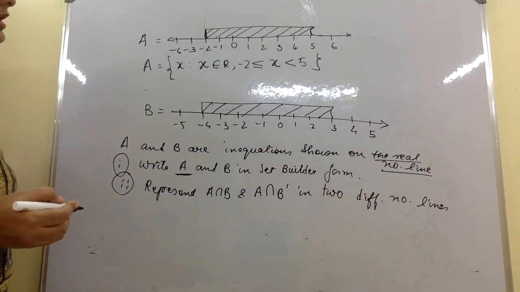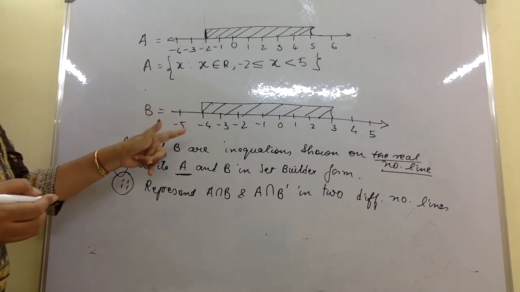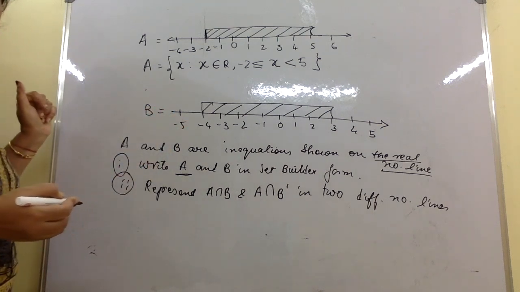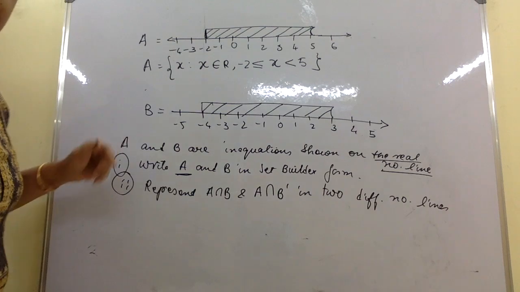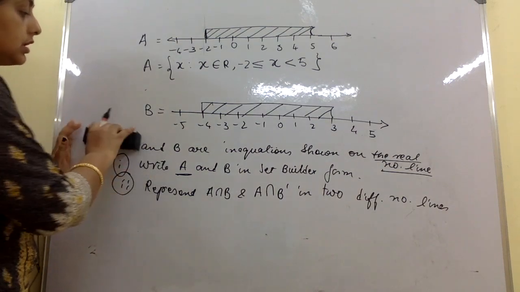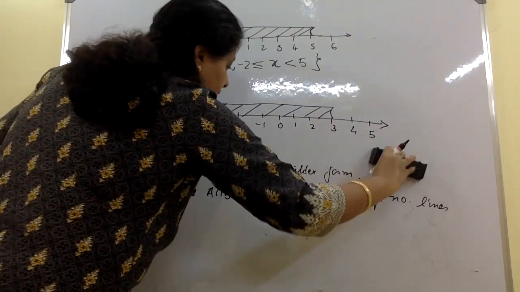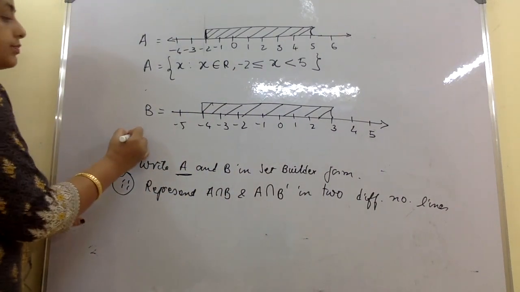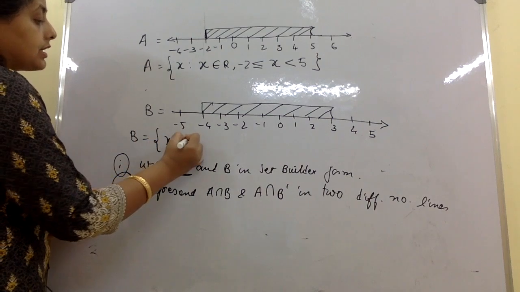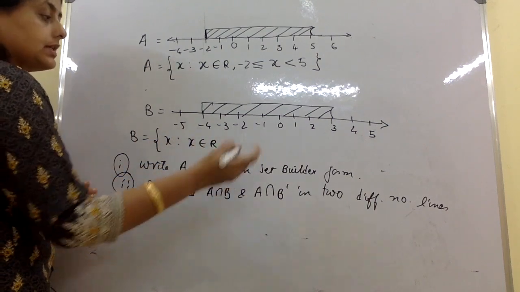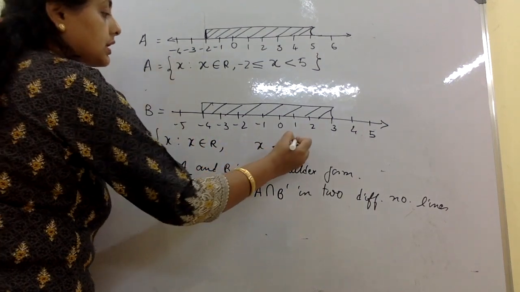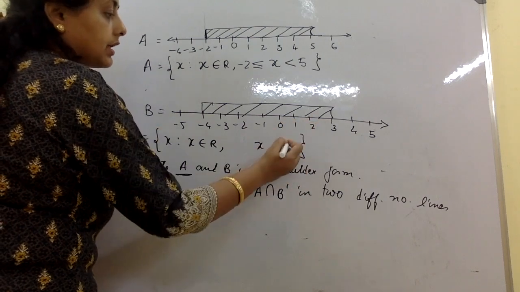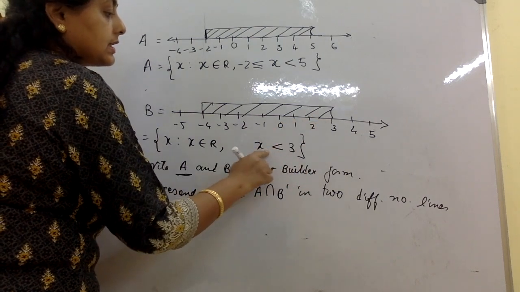Now let us take the set builder form for this one. What is the set builder form for this particular inequation? This is the graphical form and here is B. x is such that x belongs to real numbers and then start with the range. Now see, here it does not take 3, so we will not write x is less than or equal to 3.